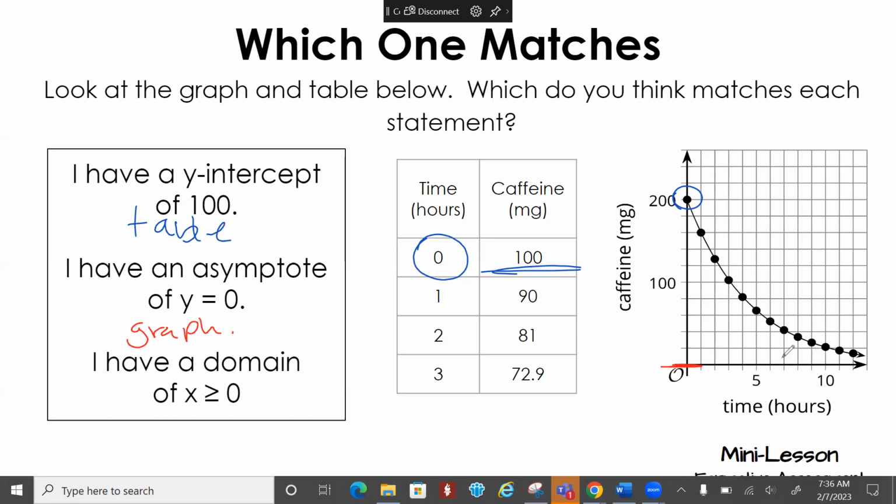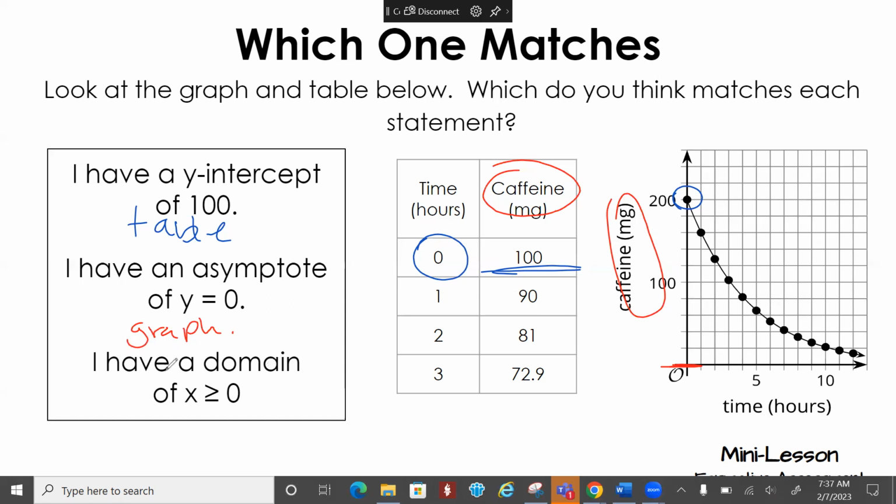Also, let's make that make sense really quick. Caffeine milligrams. If you drink a cup of coffee, you're going to have all the caffeine. As the hours go on, it's going to go down to, you're not going to have any more caffeine in your system, right? We probably could say the same thing for this table as well, but they didn't give us enough information, so we're going to go with that graph.